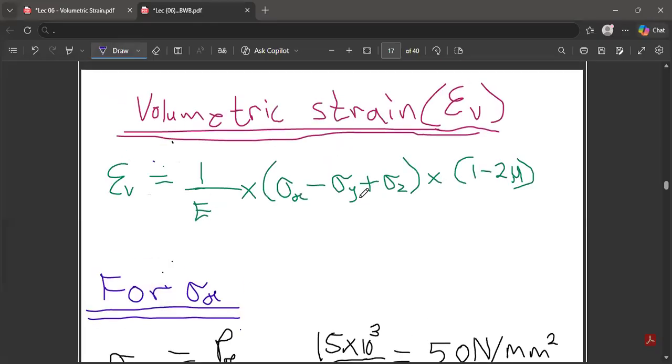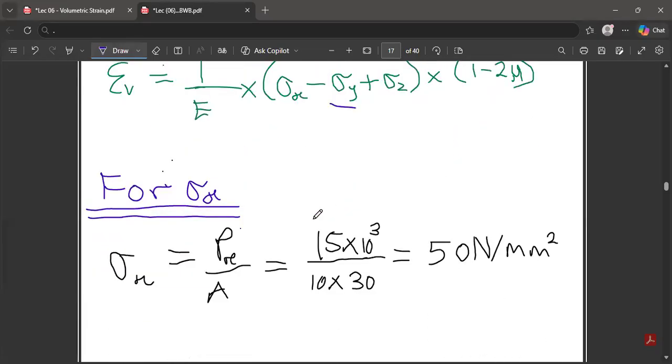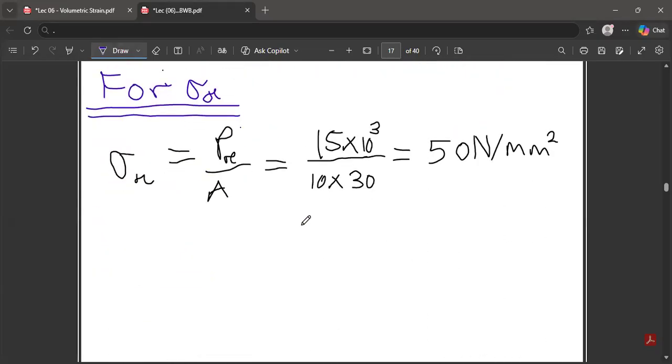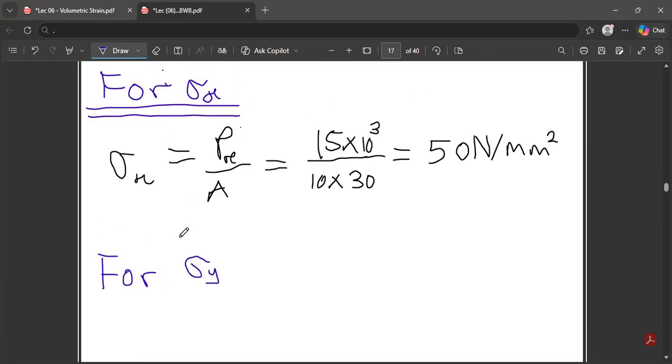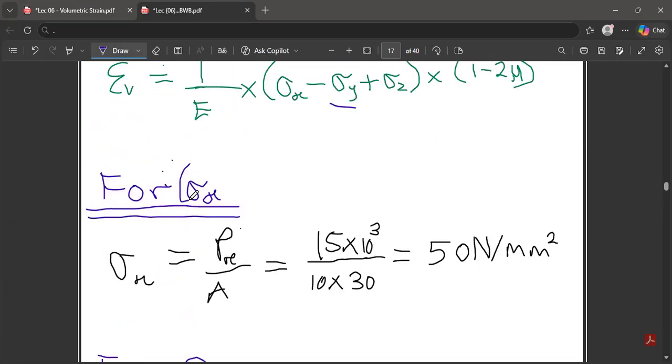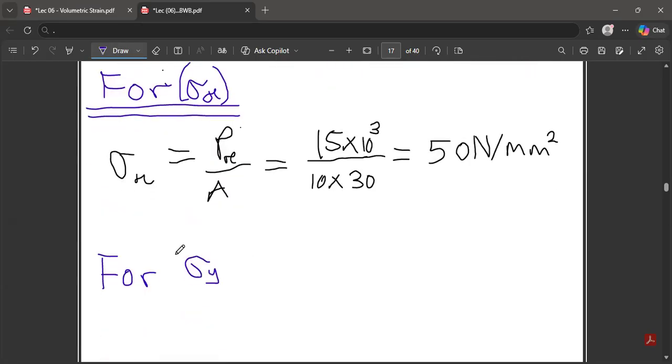Let's also go and look for the stress at Y. Better still, we can put it in a formula in a bracket so that it can be differentiated nicely.